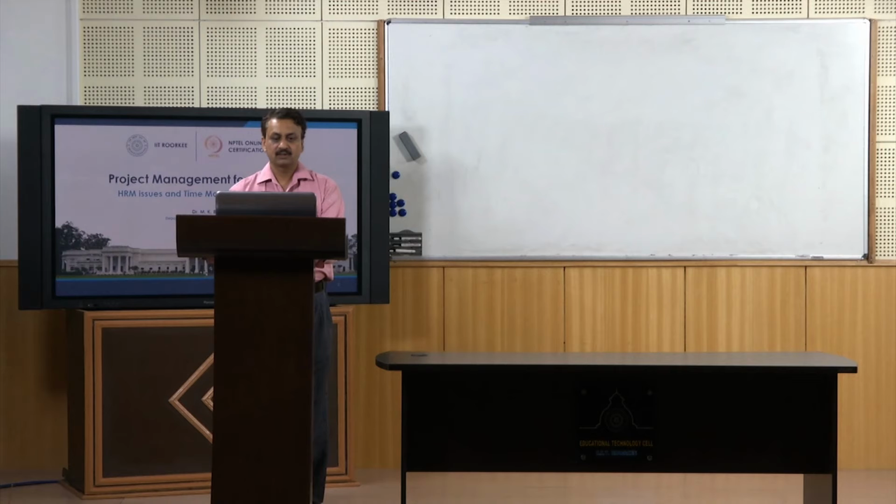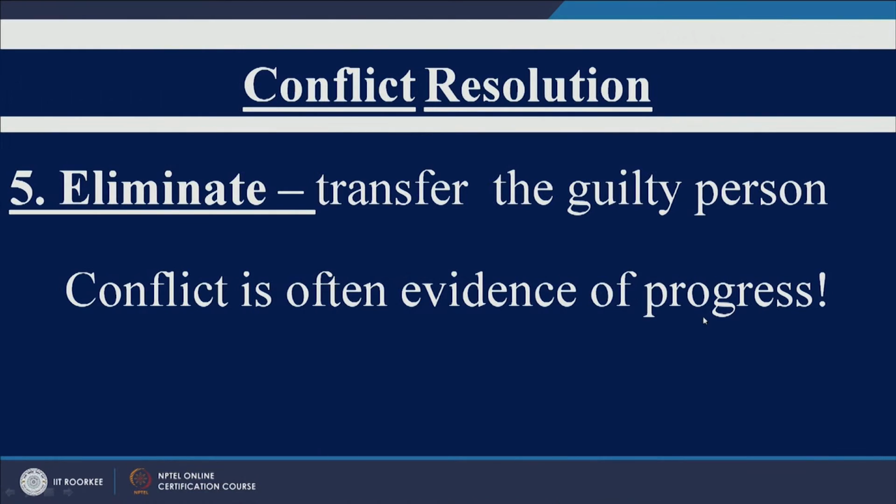Now you have conflict resolution by elimination. Many times we try to eliminate conflict by transferring the guilty person, and as I said, in one of the views of conflict, the interactionist view, conflict is often evidence of progress, right. But let us look at this point.